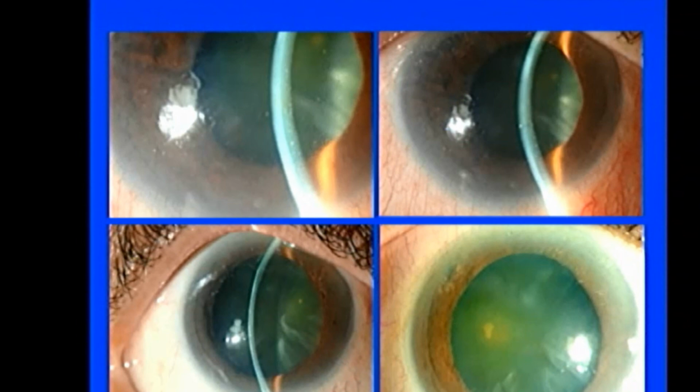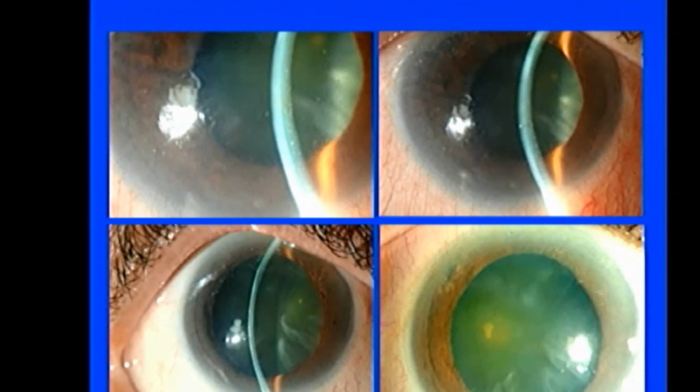A young lady, anterior segment, inferior fundus, and fluorescein angiography. Another patient, a young lady, completely normal anterior segment examination, fluorescein, indocyanine green angiography.